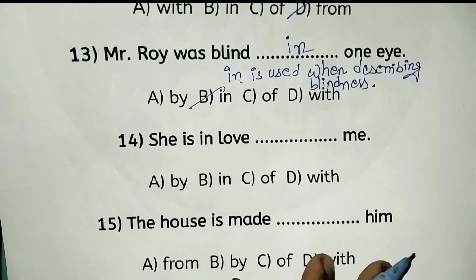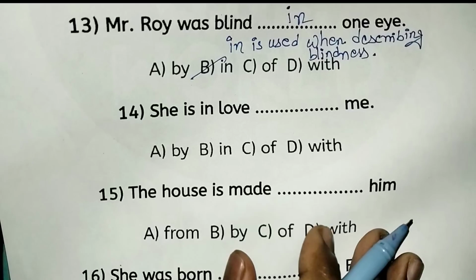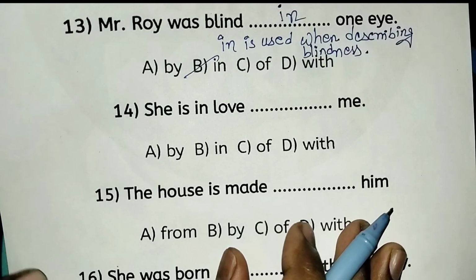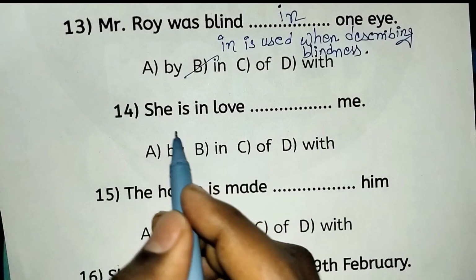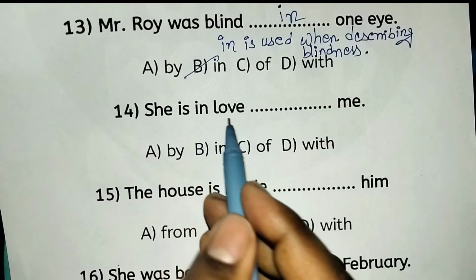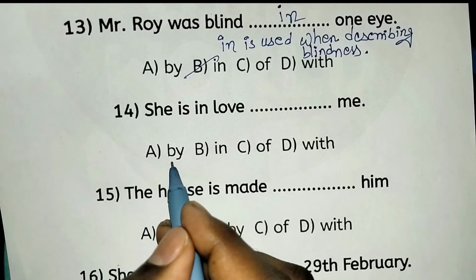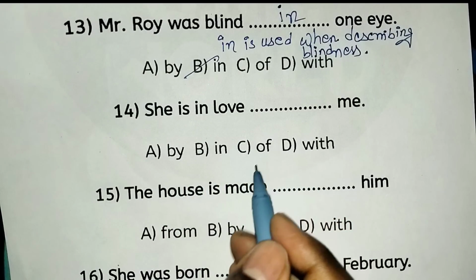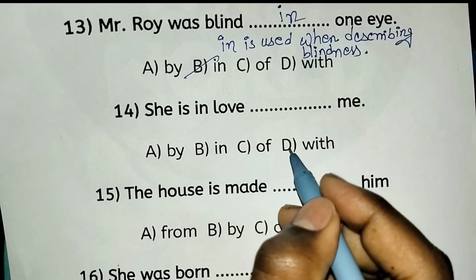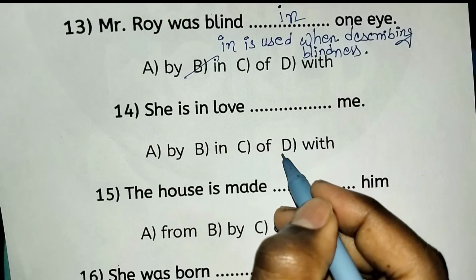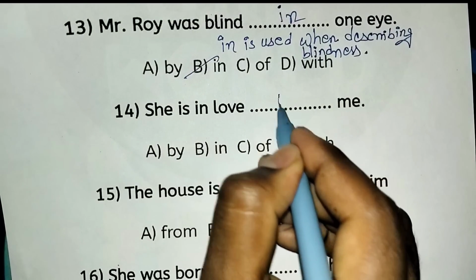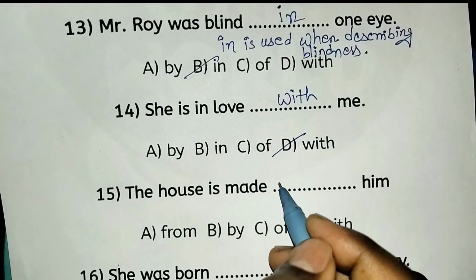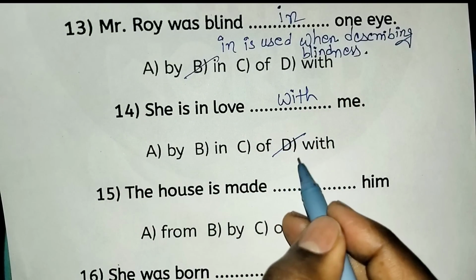Next. She is in love dash me. By me, in me, of me, or with me? The right answer is with. But why with? With is a prepositional phrase.